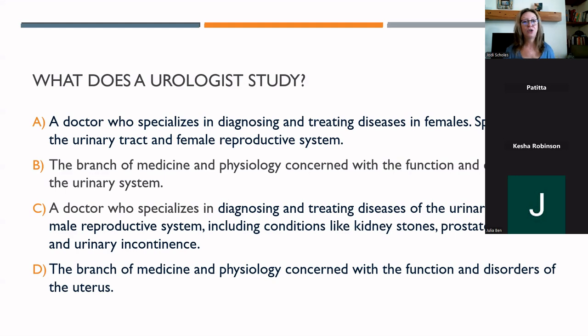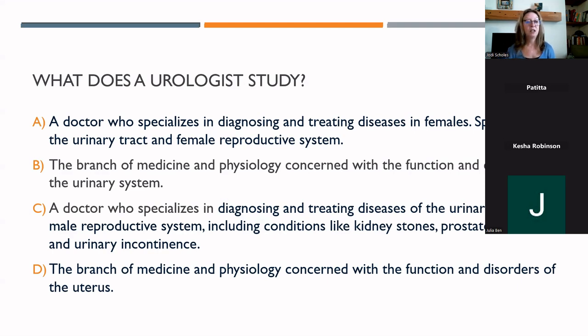What does a urologist study? A, a doctor who specializes in diagnosing and treating diseases in females, specifically the urinary tract and female reproductive system. Is it B, the branch of medicine and physiology concerned with the function and disorders of the urinary system?